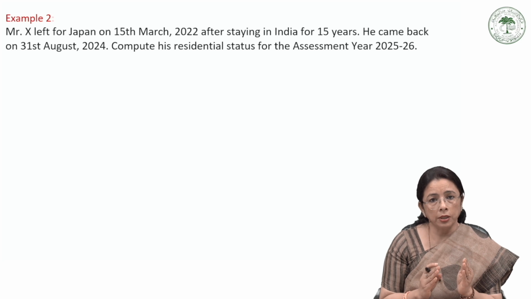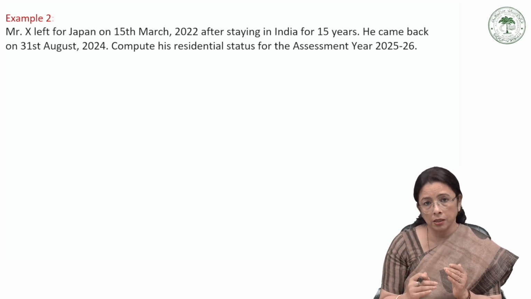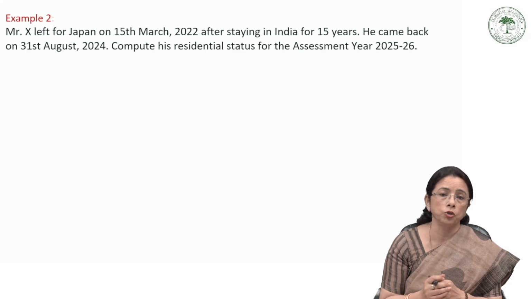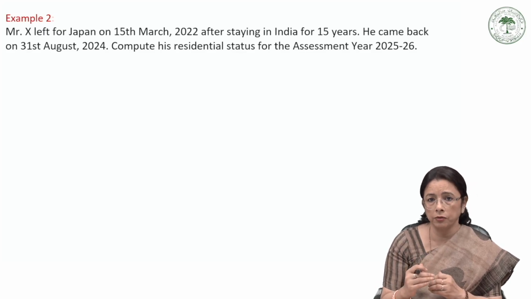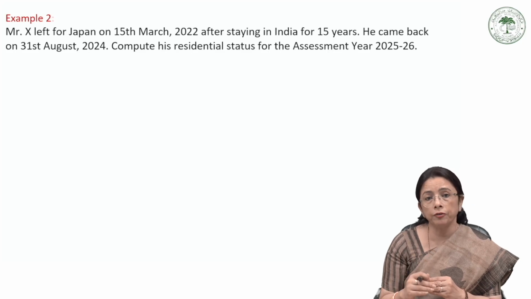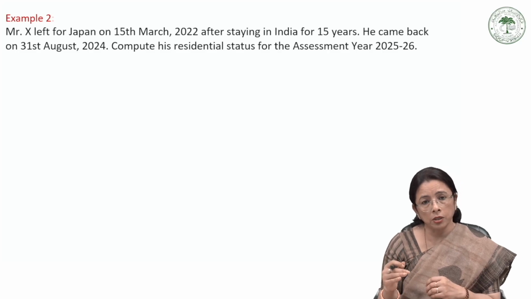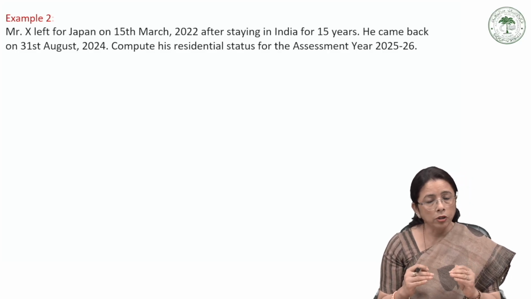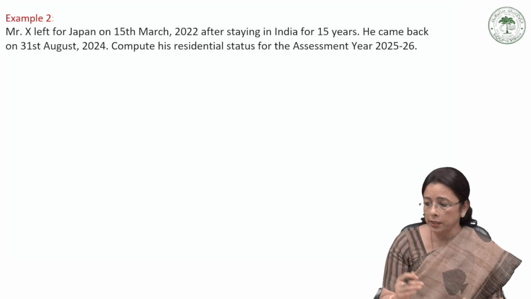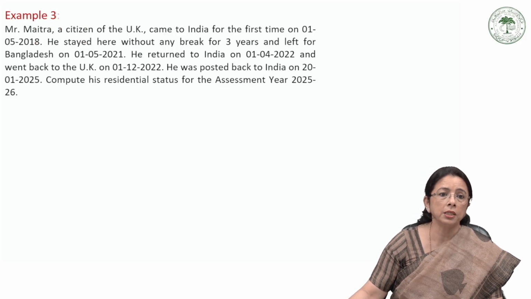If it is ordinarily resident, then both the additional conditions need to be fulfilled. And if either condition is not fulfilled in the second additional condition, then he is called resident but not ordinarily resident. And we also discussed two examples on that. Let us move on further to the next part.